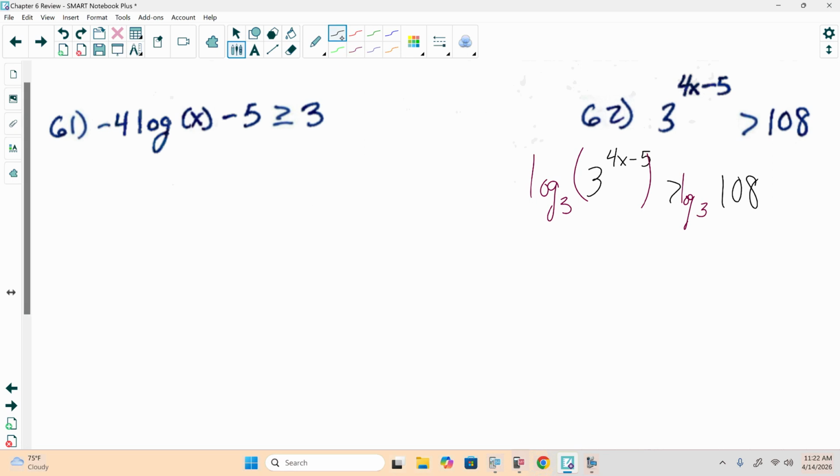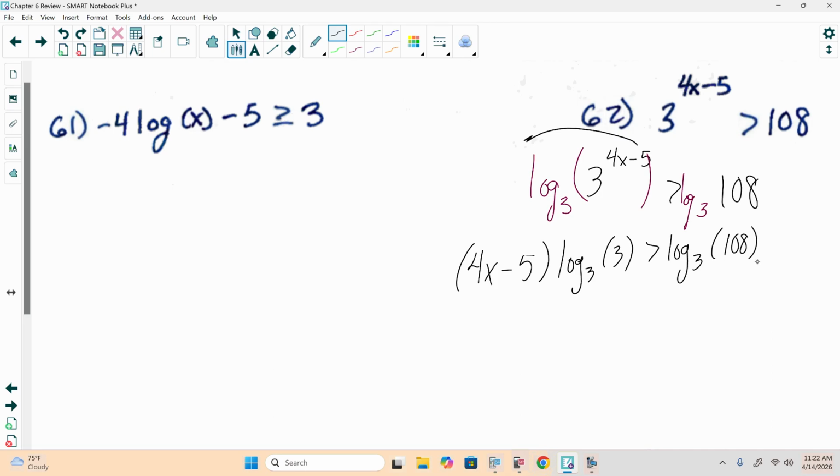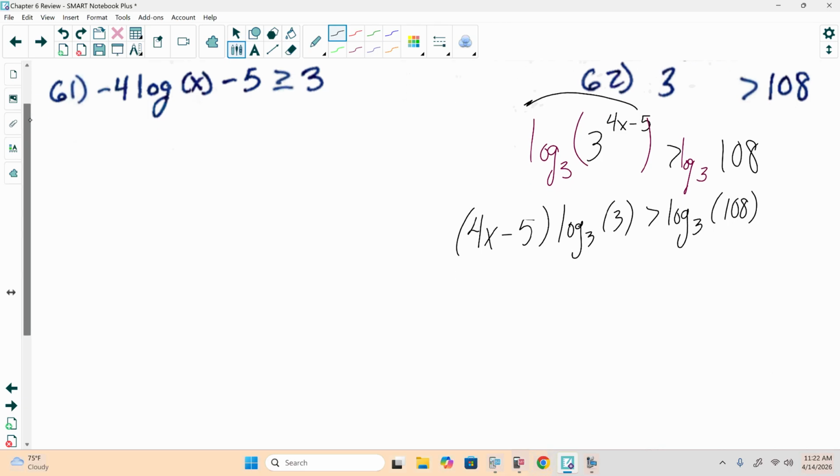Now, part of the reason we apply a log to both sides is to get that variable out of the exponent. According to the power property, I can move that exponent out of the exponent to in front of the log, changing it from log base 3 of 3 to the 4x minus 5 to 4x minus 5 times log base 3 of 3.